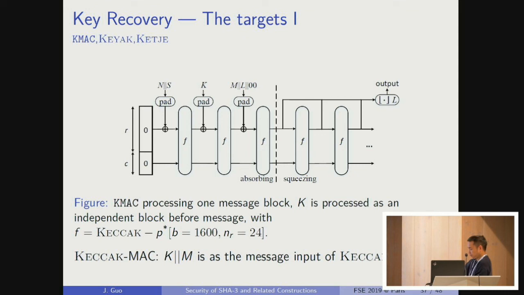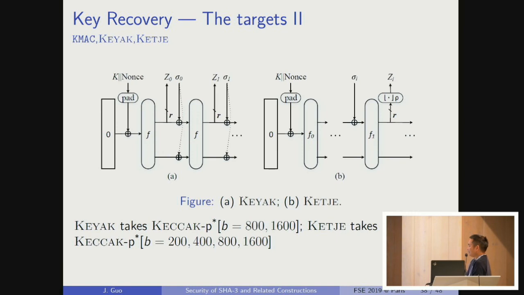For KYAC and Catcher, these are authenticated encryption schemes submitted to CISA. They are taking the underlying permutation from the KCHAC P family, but with smaller sizes for KYAC: 800 bits and 1600 bits for KYAC, and including some smaller variants for the Catcher.